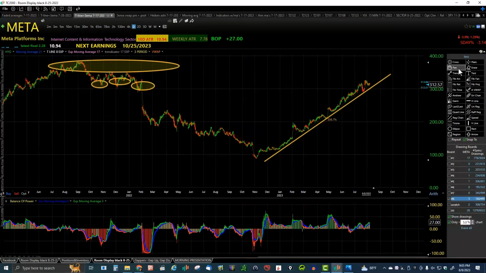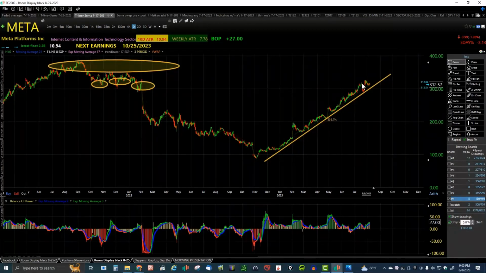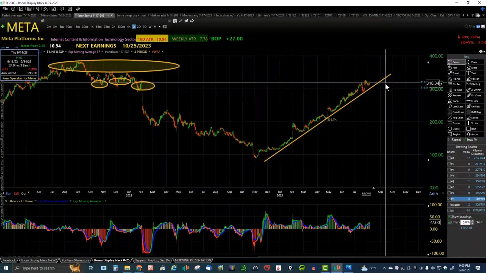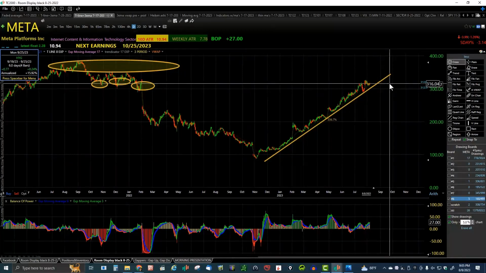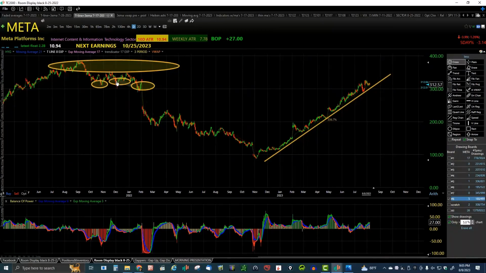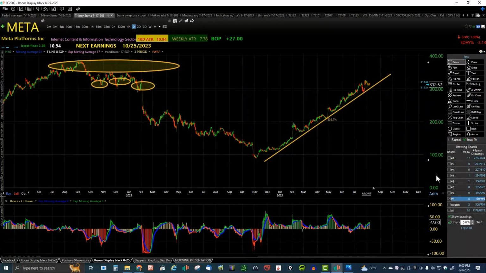So let's take the crosshairs and see what we're running into. See where we're getting a stall? Right into minor resistance right there. It was blowing right through this for a long time, and now we're stalling at the minor resistance. Okay, so that's Meta, uptrend.